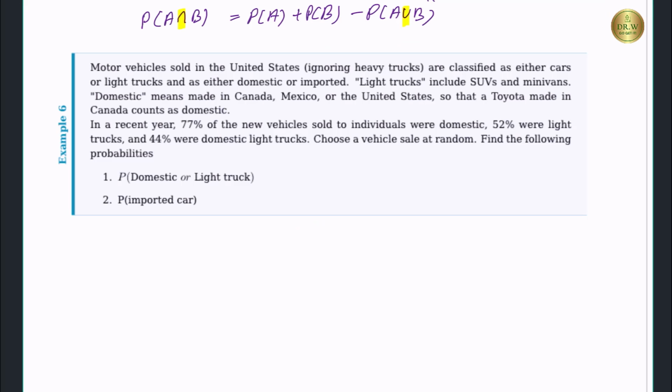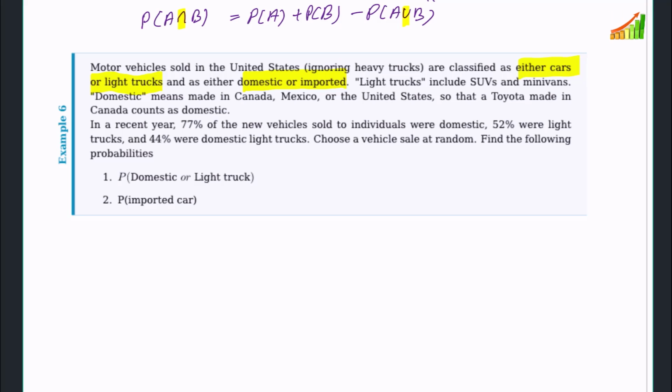Now let me explain this example 6. Motor vehicles sold in the United States are classified as either cars or light trucks and as either domestic or imported. Light trucks include SUVs and minivans. Domestic means made in Canada, Mexico, or the United States, so a Toyota made in Canada counts as domestic.